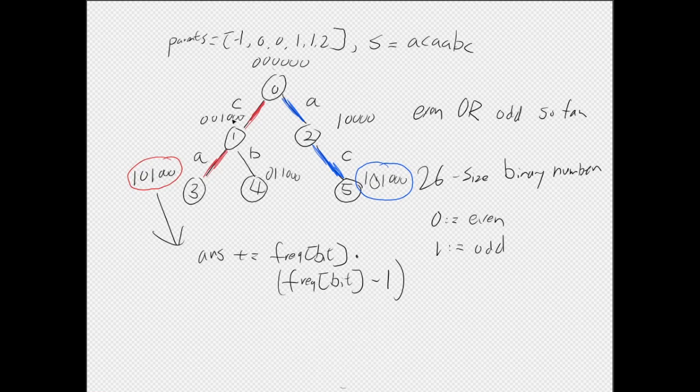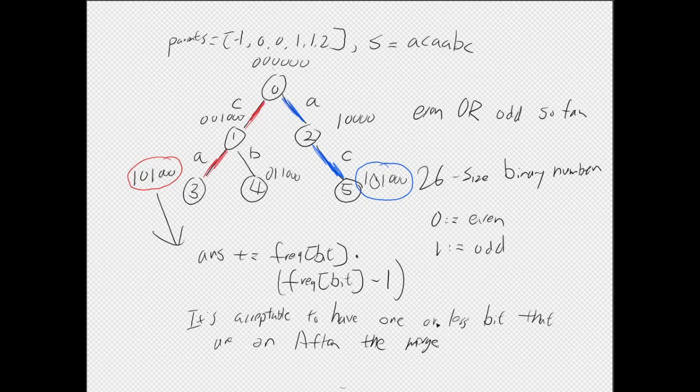So what about something like A and then C and then A? Instead, look at this one. It is possible to match 3 and 2, but they have a different binary number. What should we do? It is acceptable to have 1 or fewer bits that are on after the merge. So in here, let's say 1 0 1 0 0 0, and this one is 1 0 0 0 0 0.